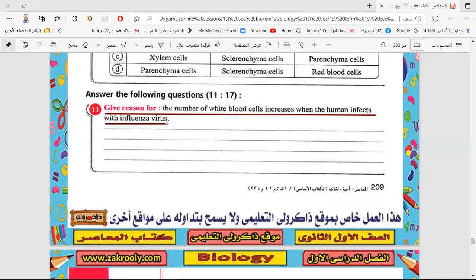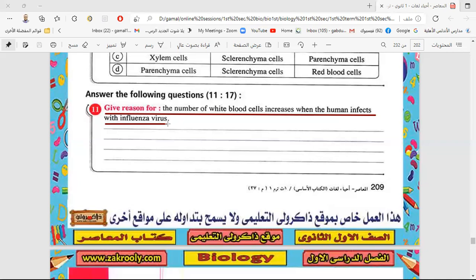They contain digestive enzymes which can kill microbes and destroy pathogens. So they can engulf or destroy the pathogen, which in this case is a virus. So we need more white blood cells to defend our body. It is a way of defense.